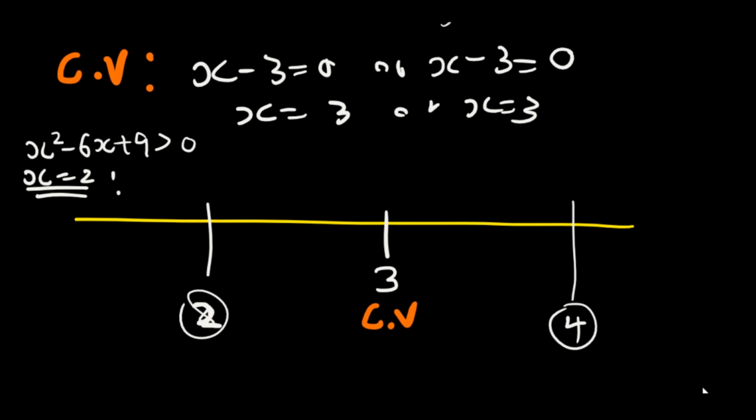So I'm just going to substitute when x equals 2 and see what I'm getting as the solution. So what I'm getting here is minus 1, which is actually a negative. So any value that is less than 3 will give you a solution that is negative, right?